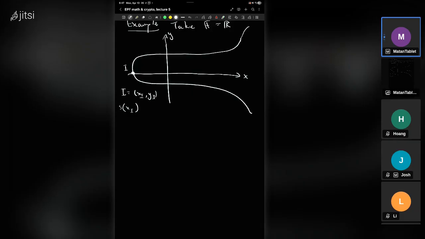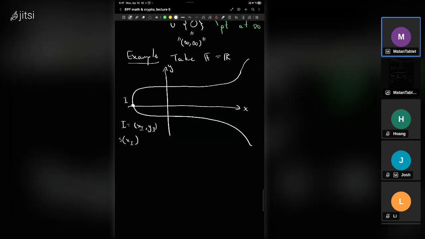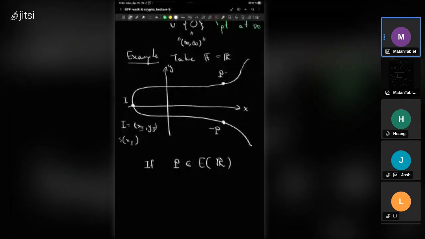And because it is symmetric, if I take P to be a point on the elliptic curve over the real numbers, for example, so let's say P is somewhere here. Then I define, at the moment it's just a notation, minus P. So let's say P is (XP, YP).